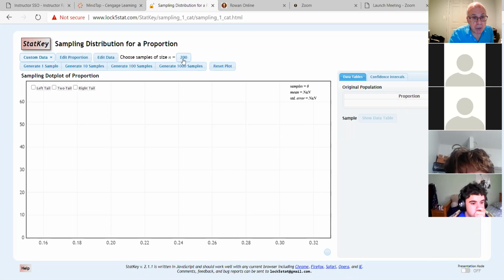Now the sample size, it says 200 here. We can leave it as 200. That's fine. Now, when we do a sampling distribution for a proportion, we want to make sure that the sample size multiplied by the proportion is at least 5, and 200 times 1 minus the proportion is also at least 5.